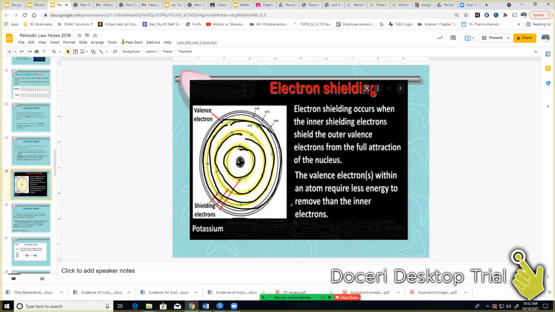They're not going to be held as tightly by this nucleus because all these other energy levels with their electrons are kind of shielding it or blocking it. It's getting in the way. So as you add more energy levels, the electrons get farther from the nucleus and the shielding increases. And both of those mean that they're not going to be held as tightly.